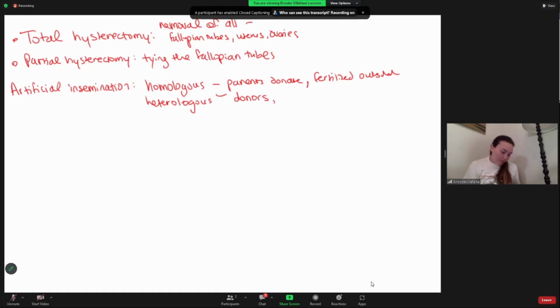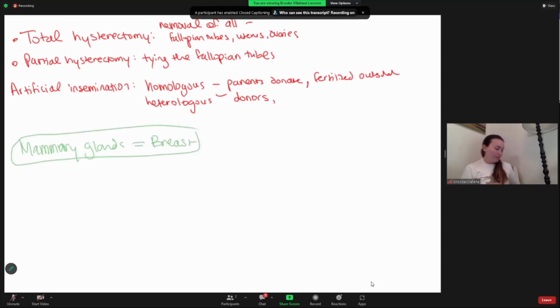Last thing, mammary glands. Mammary glands are located inside of the breast. Sorry, I just realized I said this wrong. Mammary glands are the same thing as the breast. Obviously, this is not something necessary to have children. You can have breast cancer, have your breasts removed, and still have children.